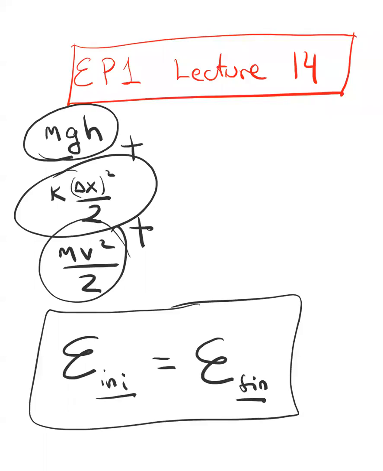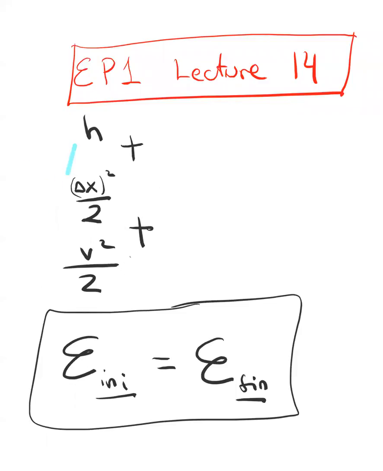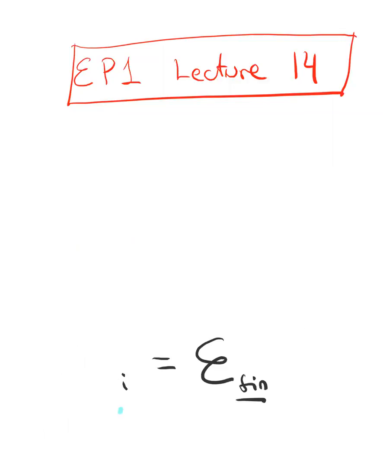Now, this is all very nice, but sometimes this doesn't really work. And this doesn't work because sometimes we have complicated forces, and for those complicated forces, it's difficult to write them down as nice formulas. It's difficult to write down a formula for the force or a formula for energy.